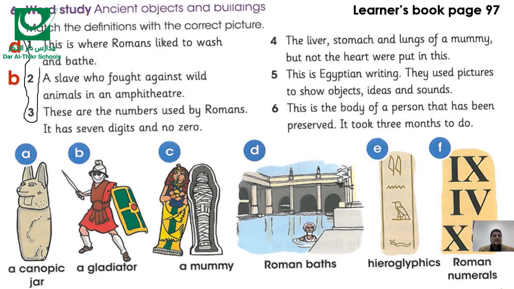These are Arabic. But the Roman are these. Okay, so the answer is F. Let's go to 4, 5, and 6. Let's go to the next.